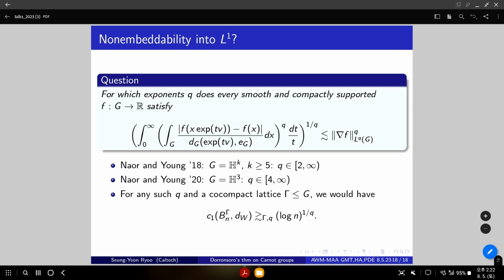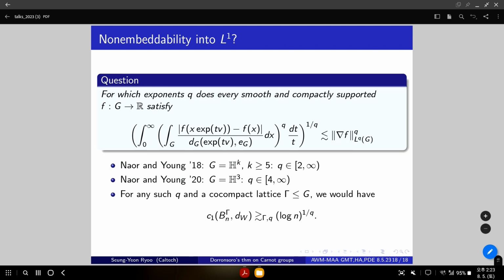So, to hype up Lisa's talk later, I will talk. One of the questions that I'm investigating is whether you can extend these inequalities for L1 targets. It asks whether you have the same inequality for L1 targets, and this was proven via much more difficult methods for the Heisenberg groups by Naor and Young.